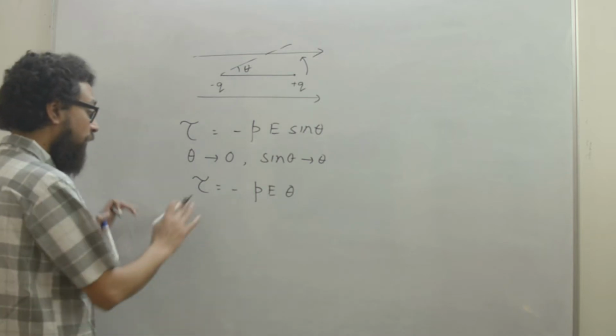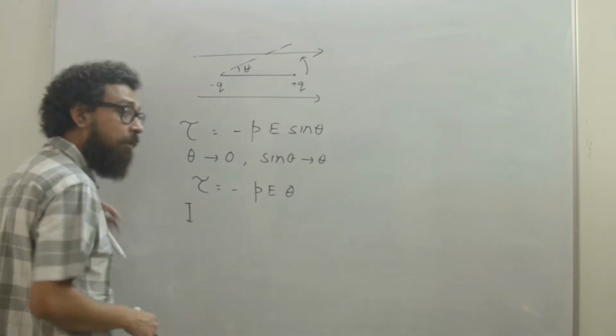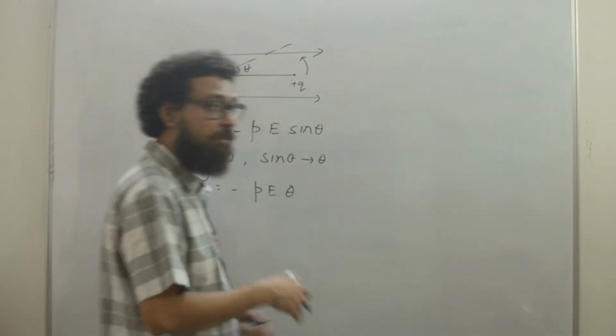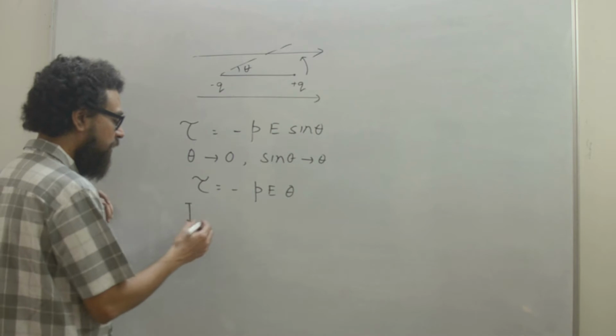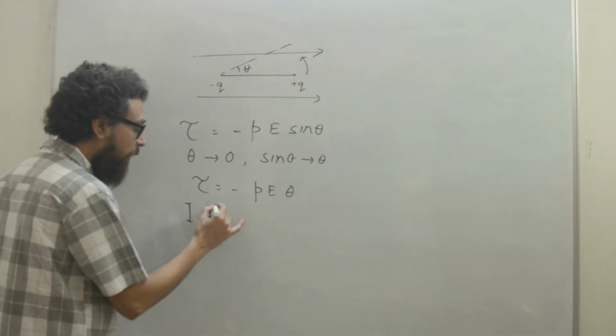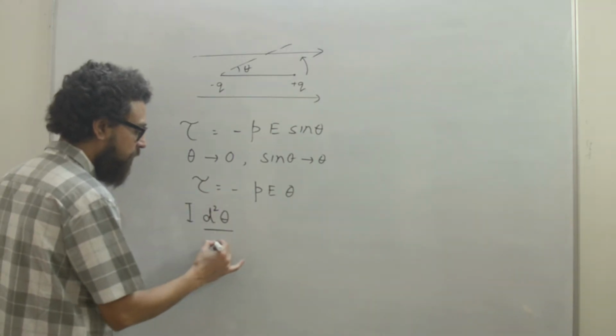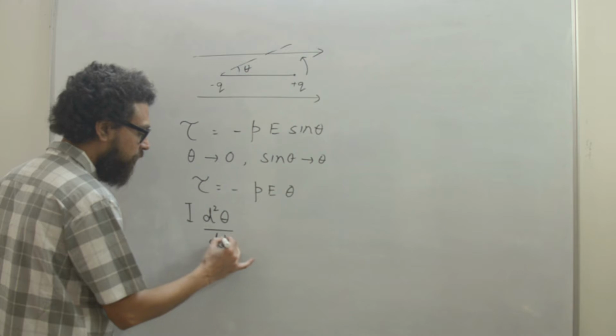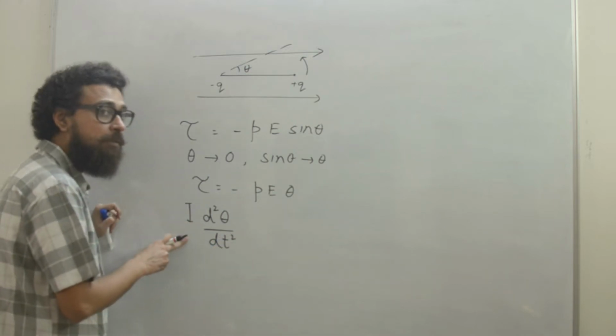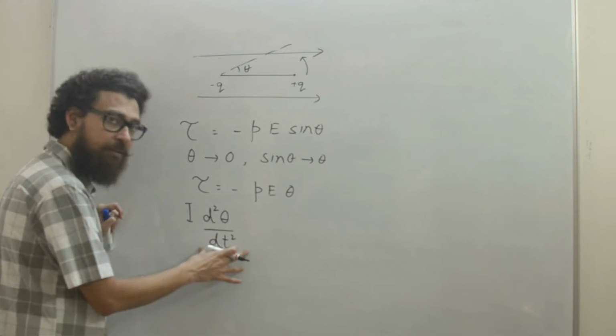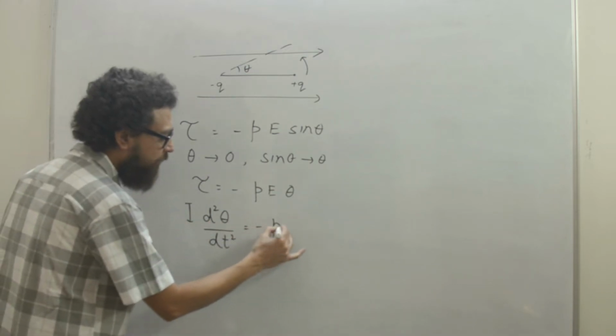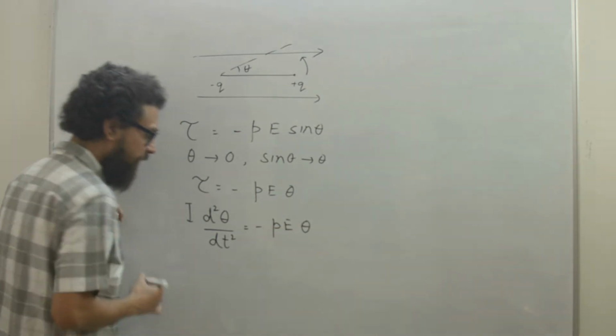Now what is tau? According to the concept of rotational motion and moment of inertia, tau is actually I alpha, and alpha is d2 theta by dt square. So we can write this expression.